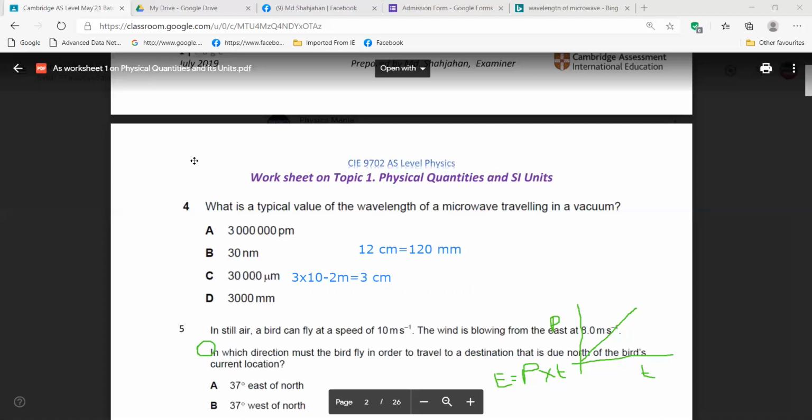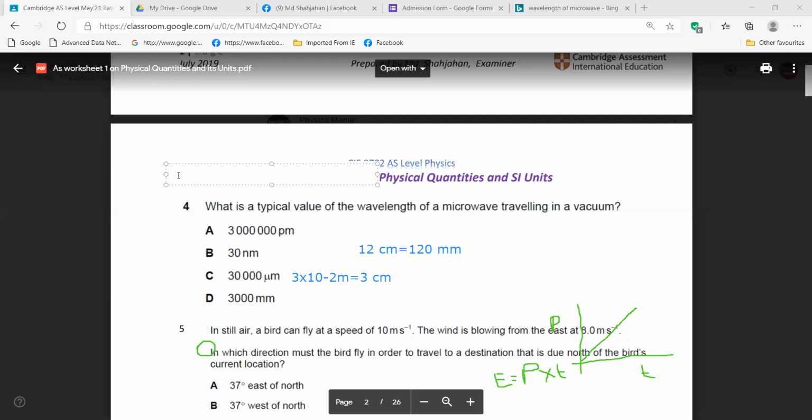I'm writing here about 30 nanometer. 30 nanometer means 30 into 10 to the power minus 9 meter. So it's coming 30 into 10 to the minus 9 multiplied by 100.